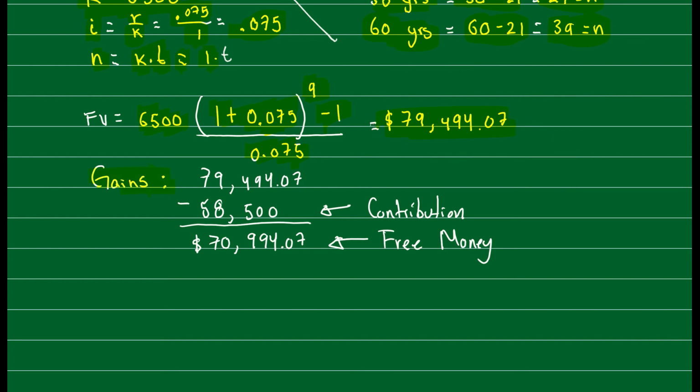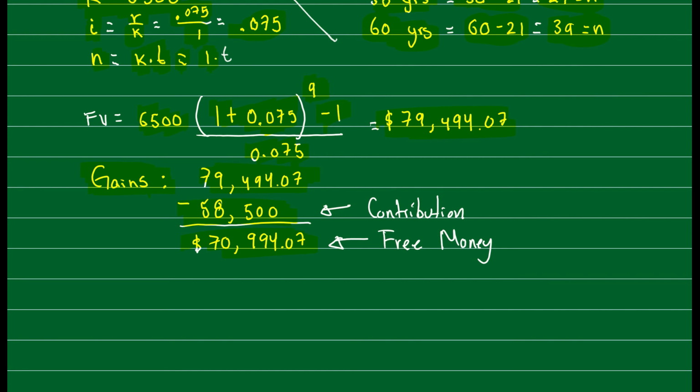And check now how this will work in terms of money and what gets taxed and what doesn't get taxed. So let's talk about what the gains are. The gains is the current value of the annuity minus the total amount of investment. I invested $6,500 every year times 9 years, a total of $58,500. You subtract that and you have total gains of $20,994.07.